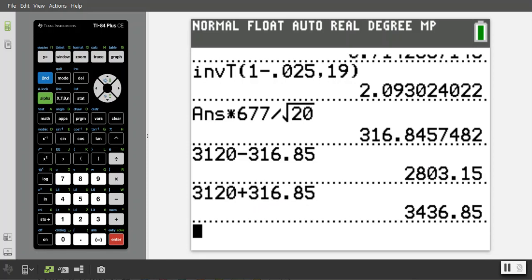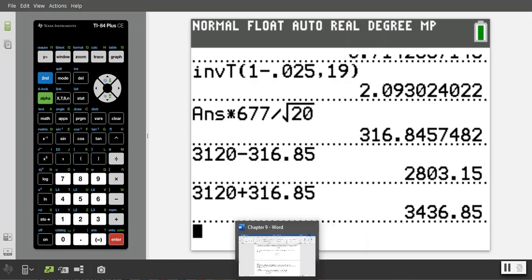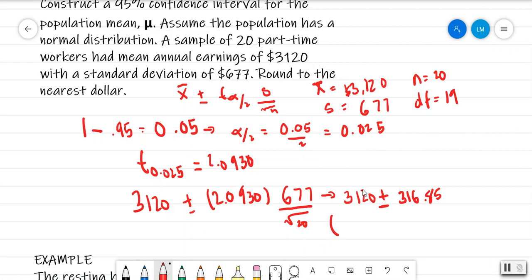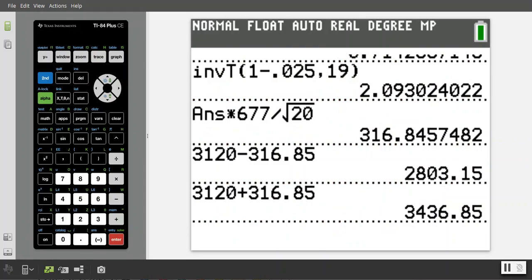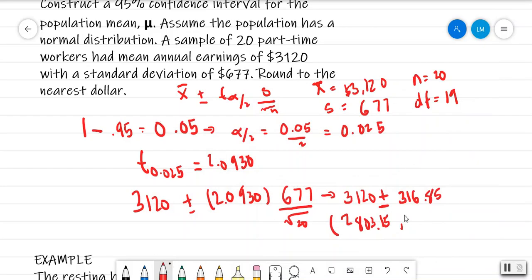So we have our lower and our upper, and the notation is 2,803.15, comma, and the upper bound is 3,436.85.